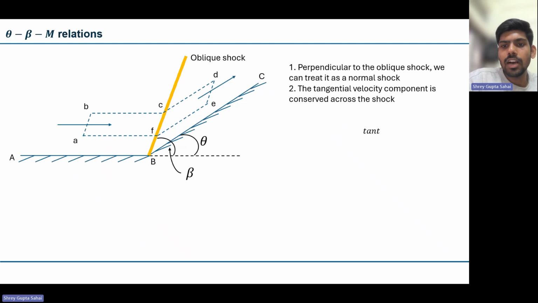It says tan theta equals 2 cot beta times (M1 sine beta) whole squared, divided by M1. M1 is the upstream Mach number, the Mach number ahead of the oblique shock.